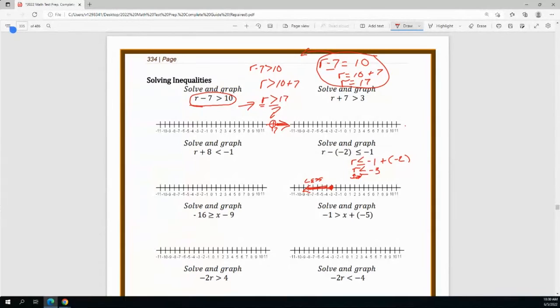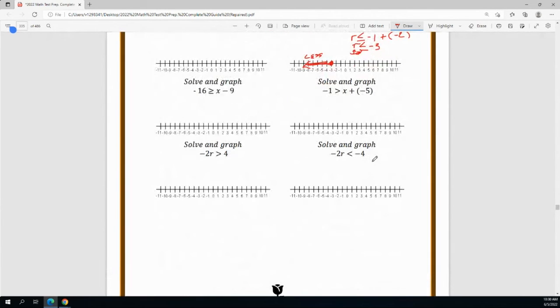Now, there is one thing that you have to be aware of when you're solving inequalities like this, and it's when you are either multiplying with a negative number or dividing with a negative number. Let me show you. And this one, I don't really want to explain why and how.